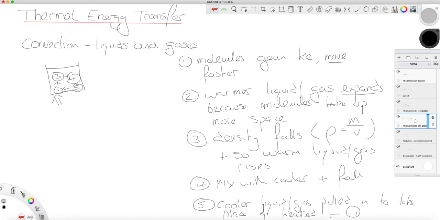So that's convection. That happens in liquids and gases.